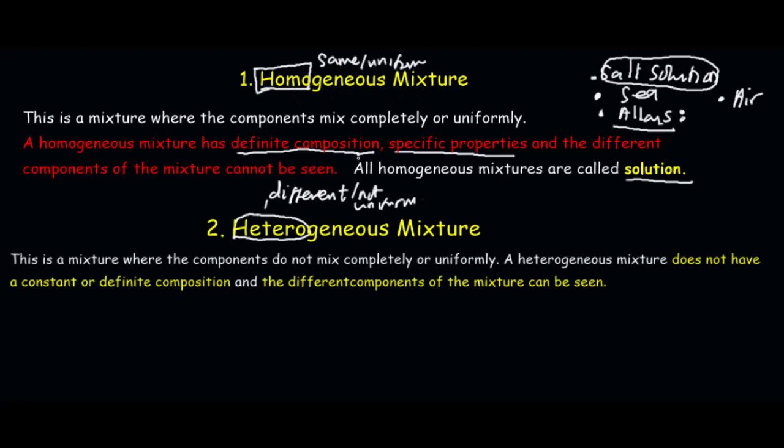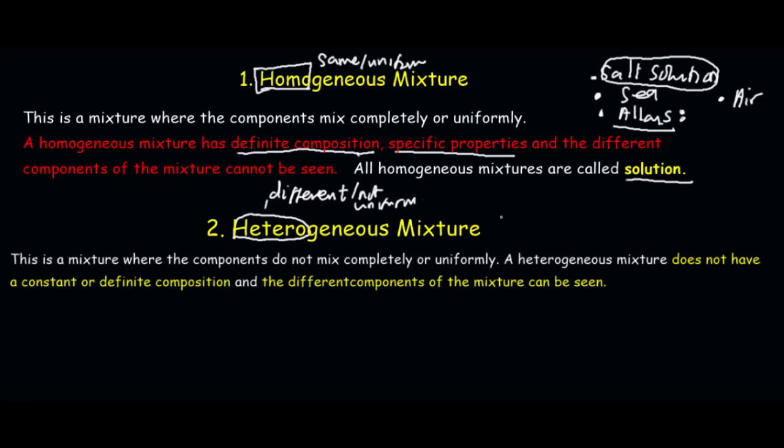Whilst this is a uniform mixture, this is a non-uniform mixture. A heterogeneous mixture is a mixture where the components do not mix completely or uniformly. There is no uniform mixture between the components of the mixture.